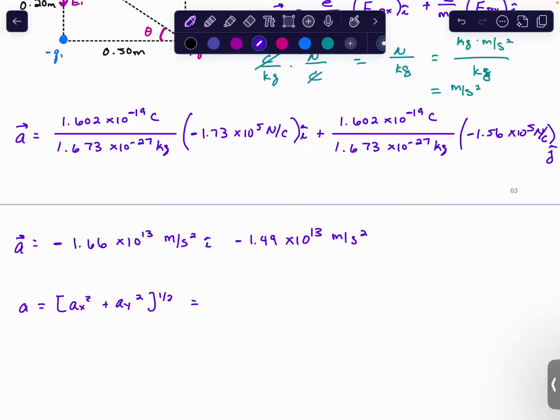When you plug in your numbers, you should get about 2.23 times 10 to the 13th meters per second squared. In what direction? The direction should be very, very straightforward. The exact same as the electric field. So remember, positive charges are always going to go in the direction of the electric field. Negative charges will go anti-parallel to the electric field.